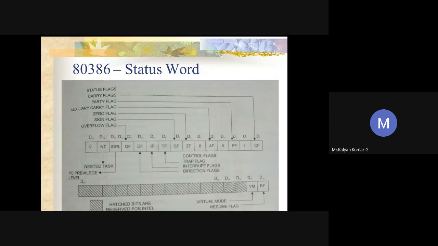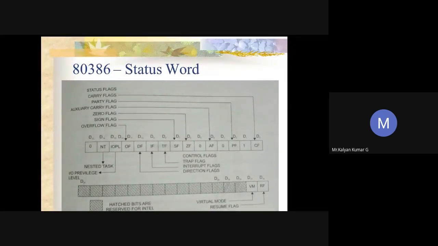So there is one flag newly added in the 80386 processor. Apart from this, another newly introduced flag is the VM flag, the virtual mode flag. As the name indicates, it is virtual mode, and initially I said that we have three different modes, so you can guess. Whenever this flag is set, the 80386 enters into virtual 8086 mode within the protected mode.